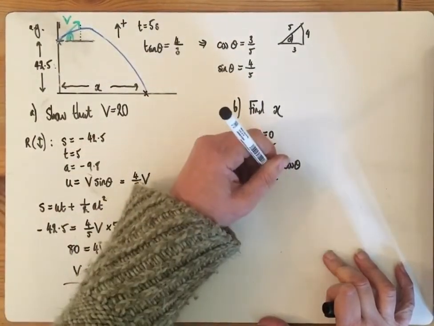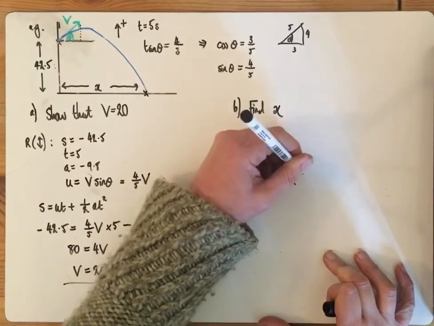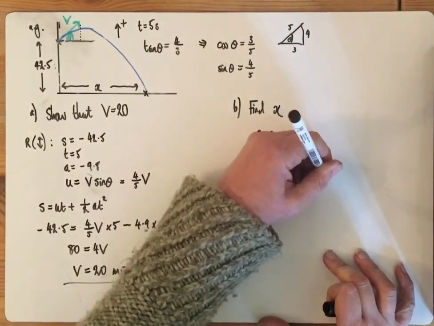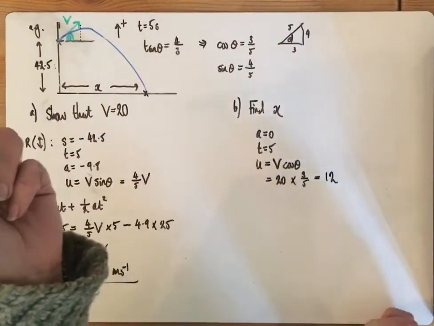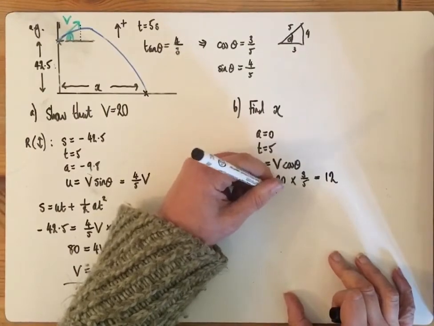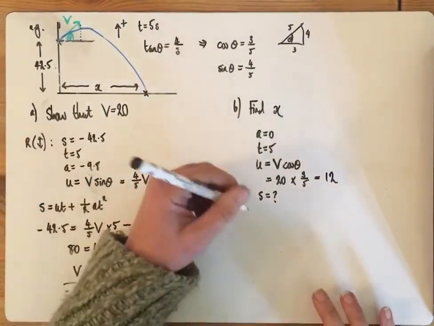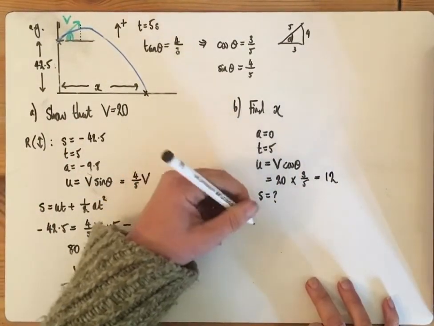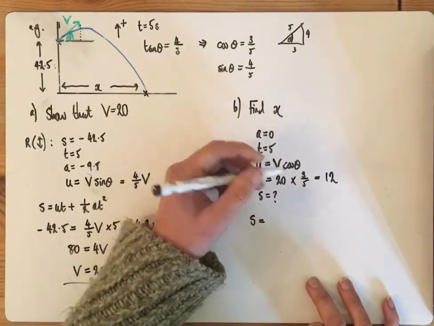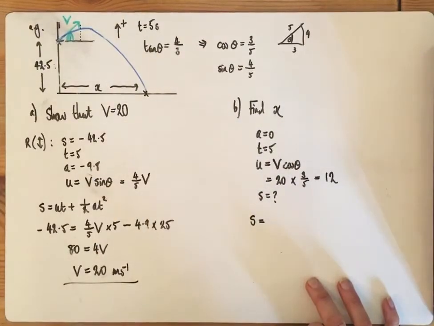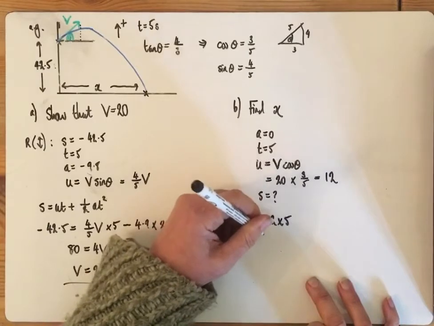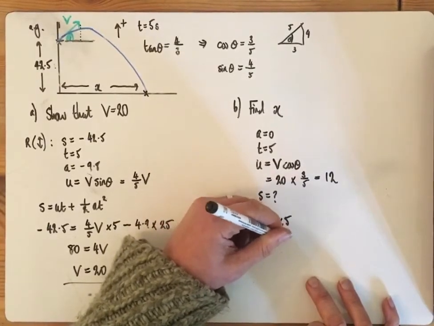V is 20 and cos theta is 3/5. And so U horizontally is 12. And we want S, the horizontal displacement. So again, it's S equals UT plus a half AT squared. The acceleration is 0, so S is just equal to speed times time. So 12 times 5, which is equal to 60 metres.